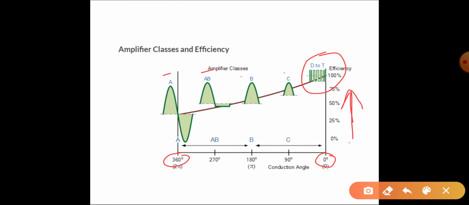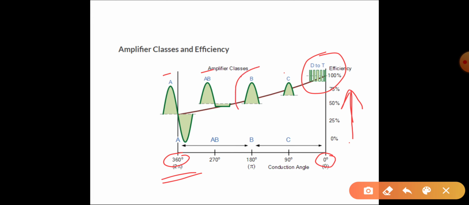We don't want to see the efficiency now; for this part we will only see the conduction angle. For a class A power amplifier, the conduction angle is 360 degrees, meaning the collector current will flow throughout the 360 degree cycle.